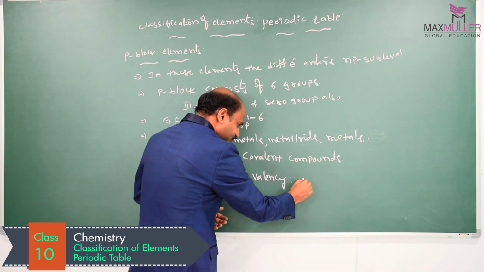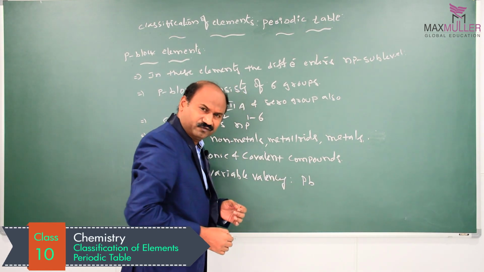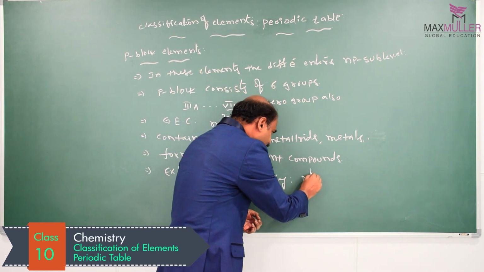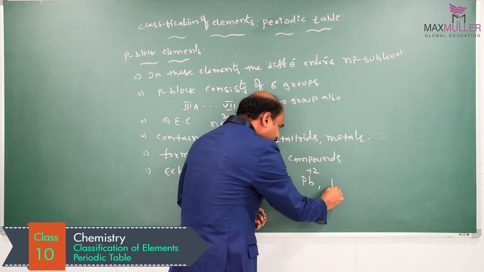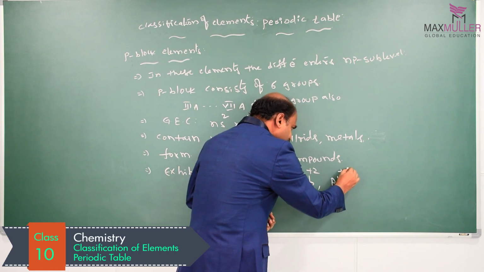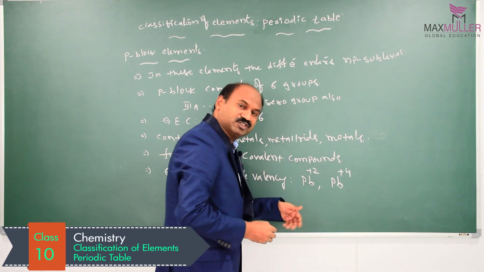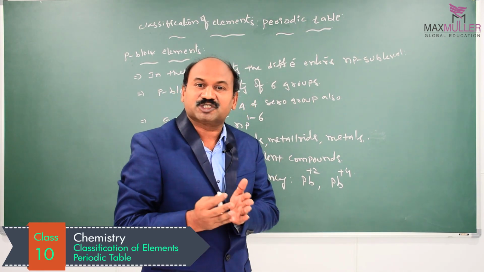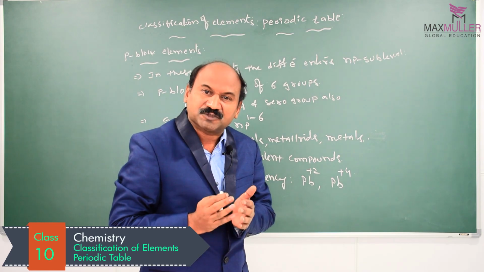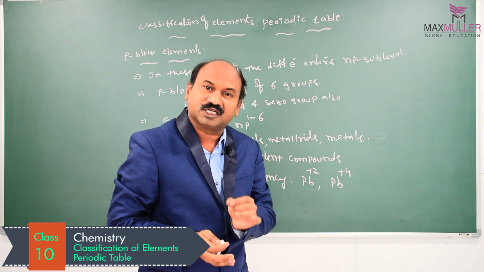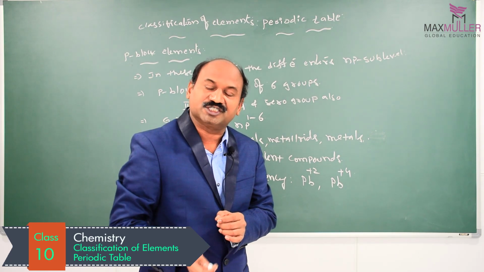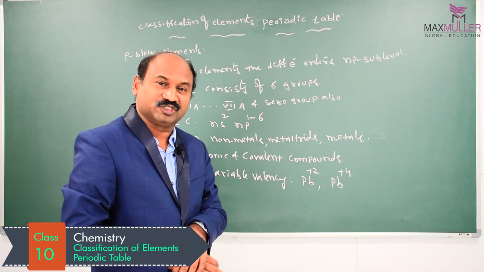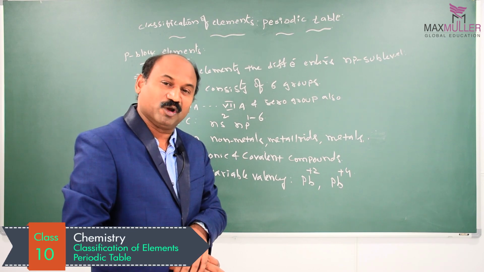If you take lead, which is a p block element, it exhibits +2 oxidation state as well as +4 oxidation state. Tin exhibits +2, +4. Bismuth exhibits +3 and +5 oxidation states. So this is all about the p block elements.